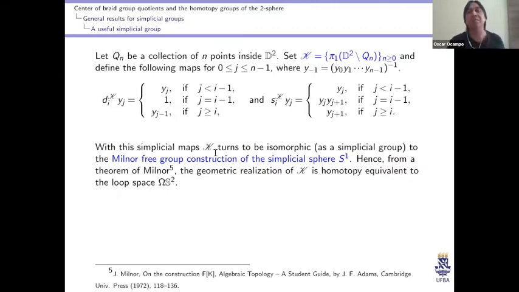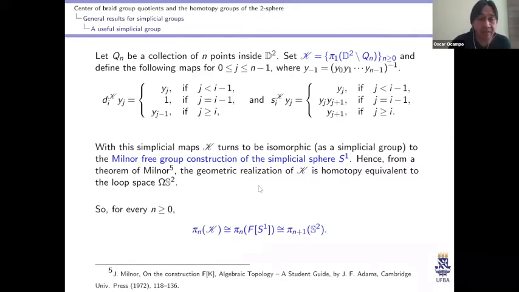So K turns out to be isomorphic, as a simplicial group, to the Milnor free group construction of the simplicial sphere S1. In some way, we have this collection of free groups, and we define the faces and the degeneracies in the same way as defined for the Milnor free group construction of the simplicial sphere S1. Hence, it follows from a theory of Milnor that the geometric realization of K is homotopy equivalent to the loop space of S2.